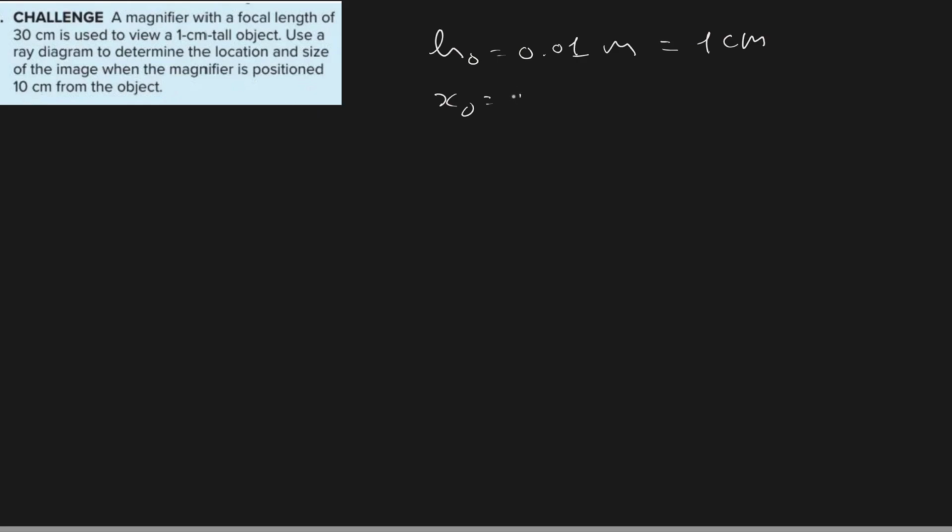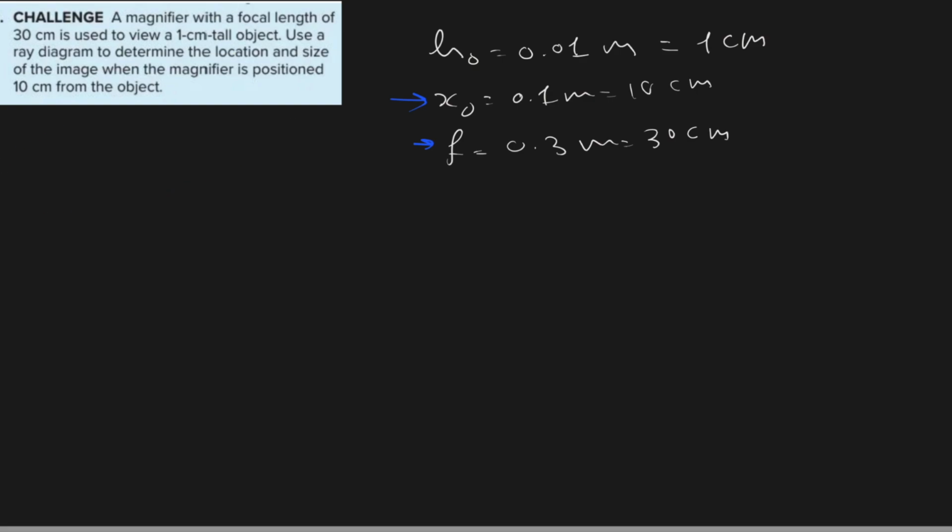So it's equal to 0.1 meters. And then we have the focal length, which is 30 centimeters, so 0.3 meters. So can we solve it? Yeah, easily, because since we have the focal length and xo, the distance of the object, we can solve for the x of the image.